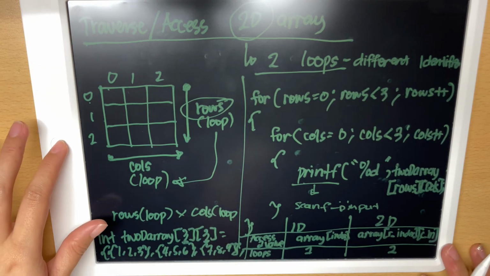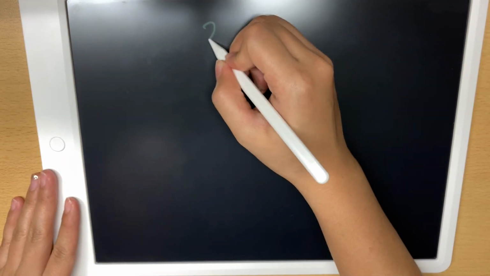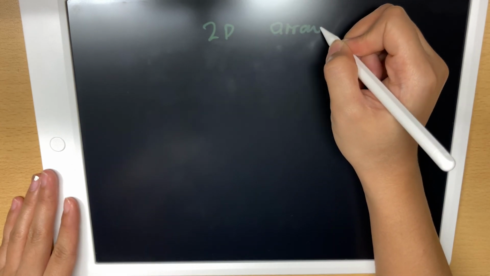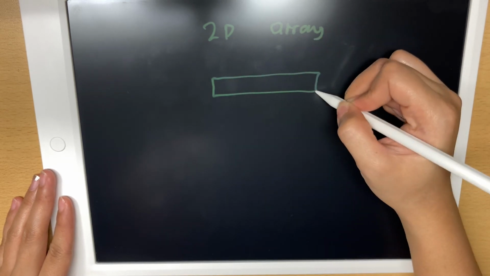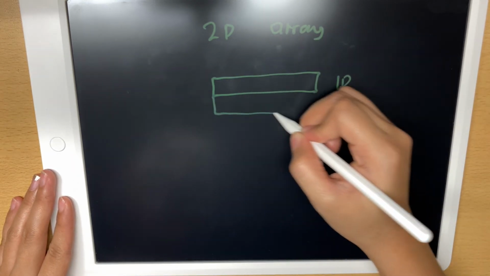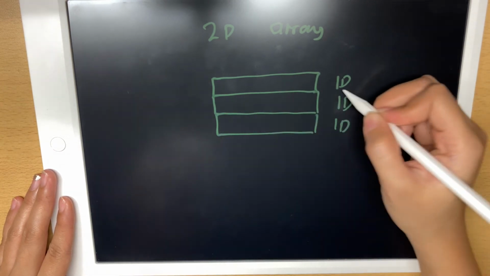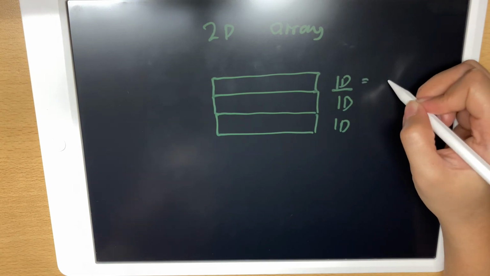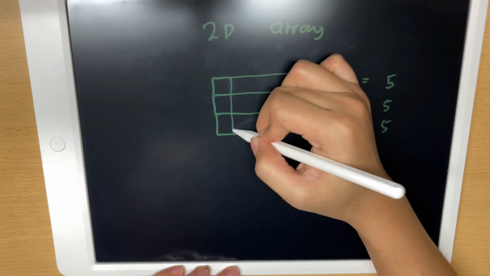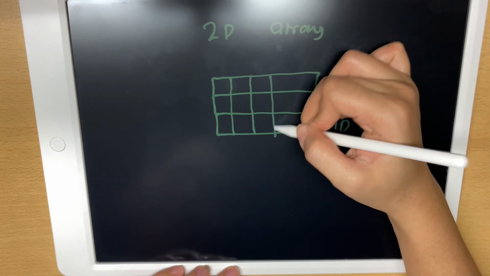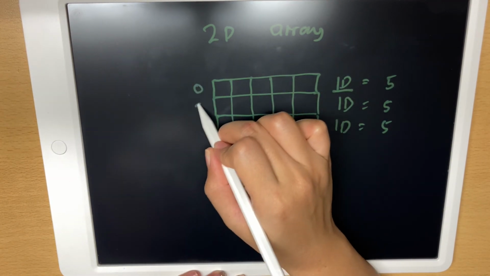And to end or summarize everything, so 2D array is simply a stack of 1-dimensional array. So we have 1D and we stack another 1-dimension array, and we should say this 1-dimension array has size 5, and always starts with 0.